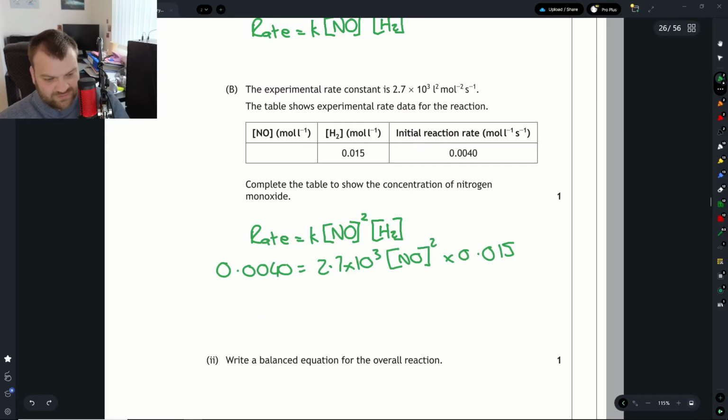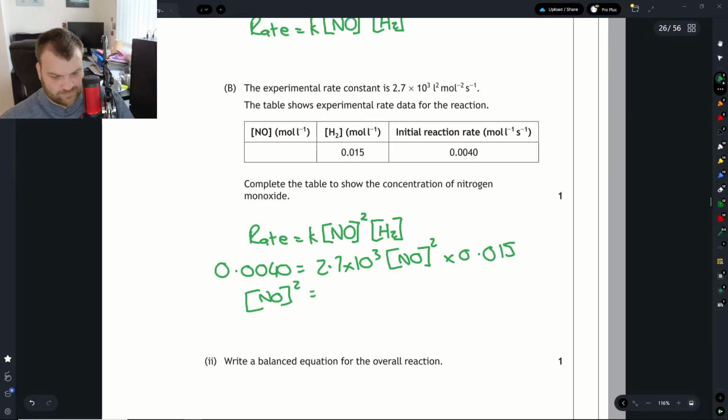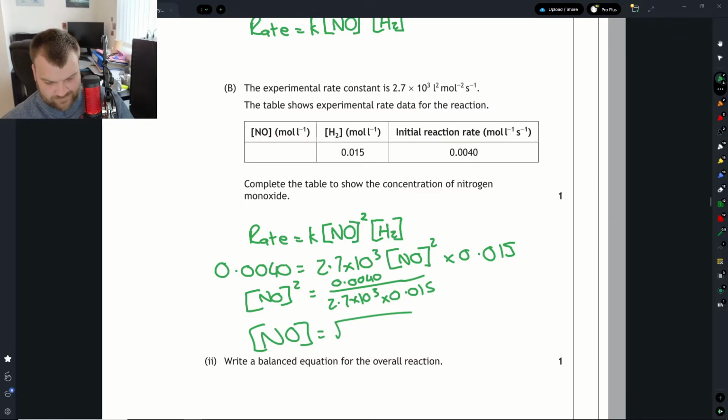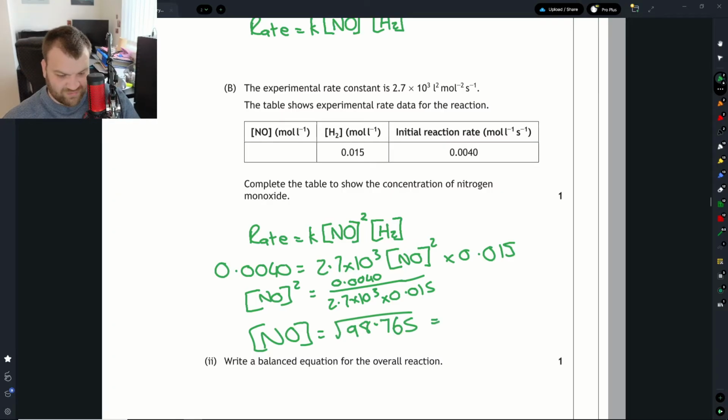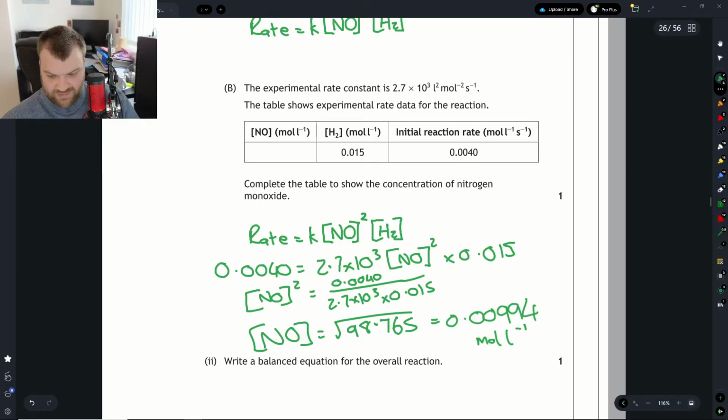Rearranging this, we are going to want to know what our nitrogen monoxide is. If we then rearrange it, we're going to have our rate being divided by 2.7 times 10 to the power of 3 times 0.015. Once we get that value, we need to take the square root of that to get us our final answer. Taking the square root of that gives us 0.00994, and that's in moles per litre.